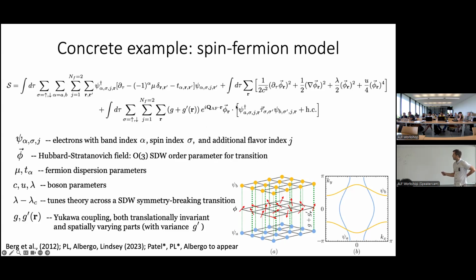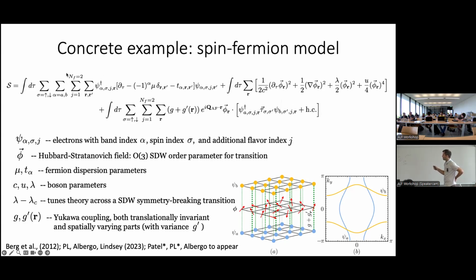With this boson, we endow it with its own dynamics, for symmetry reasons, just because it will be generated. So we want to see what the propagator will be modified to from the local in space and time form. These c, u, and lambda are boson parameters. This lambda tunes the transition to an SDW symmetry-breaking phase.